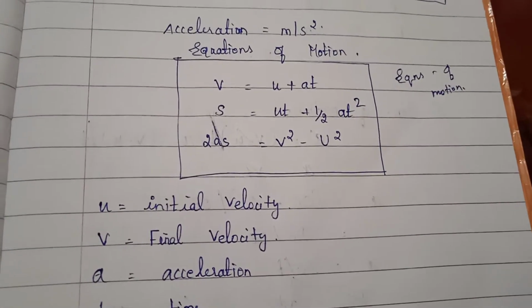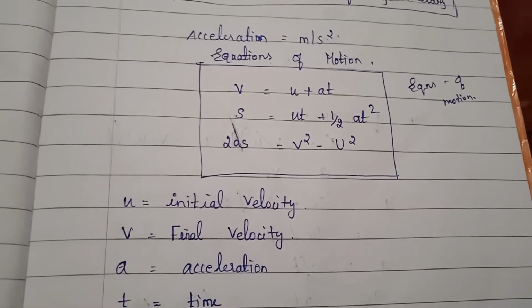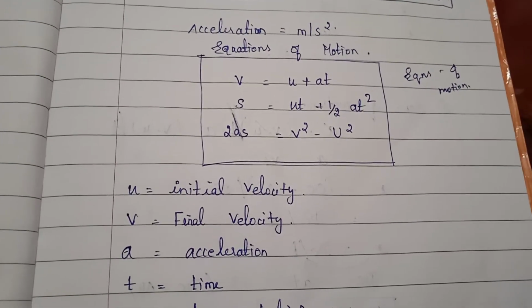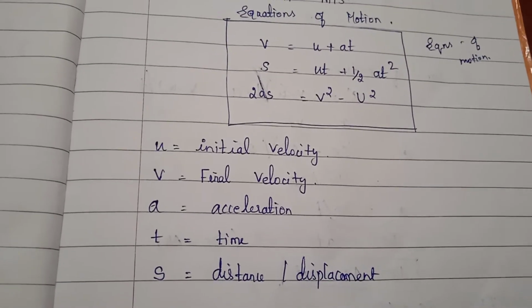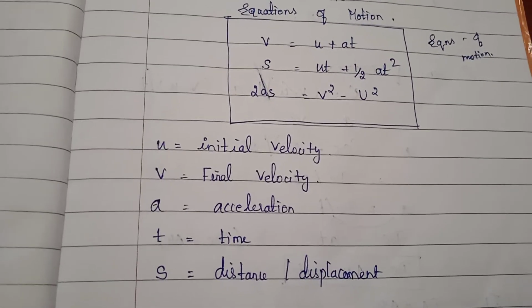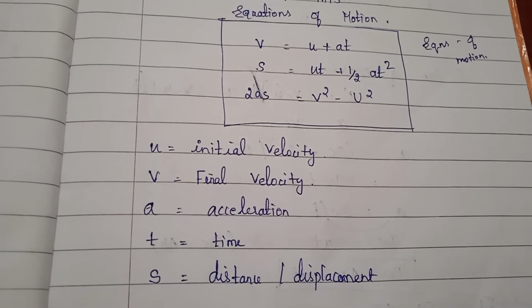Here u is the initial velocity and v is the final velocity. Then a denotes acceleration, t denotes time, and s denotes distance or displacement.